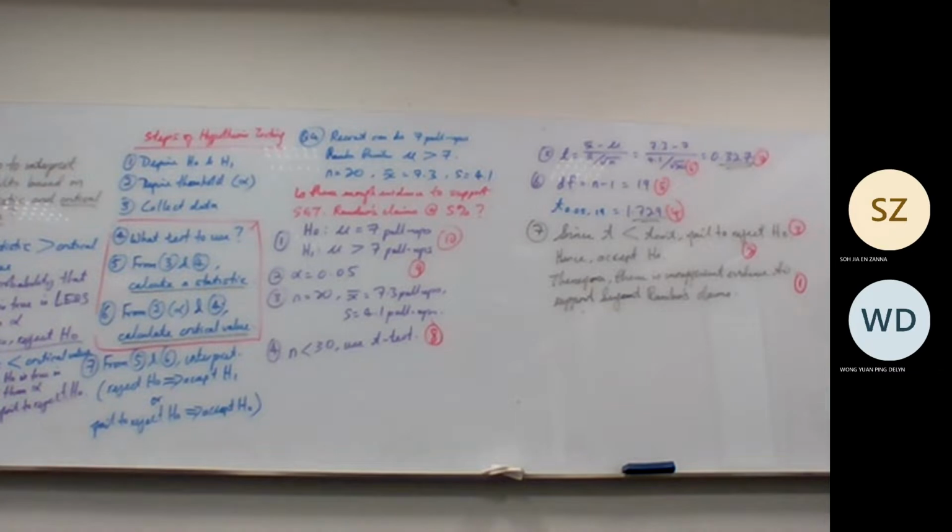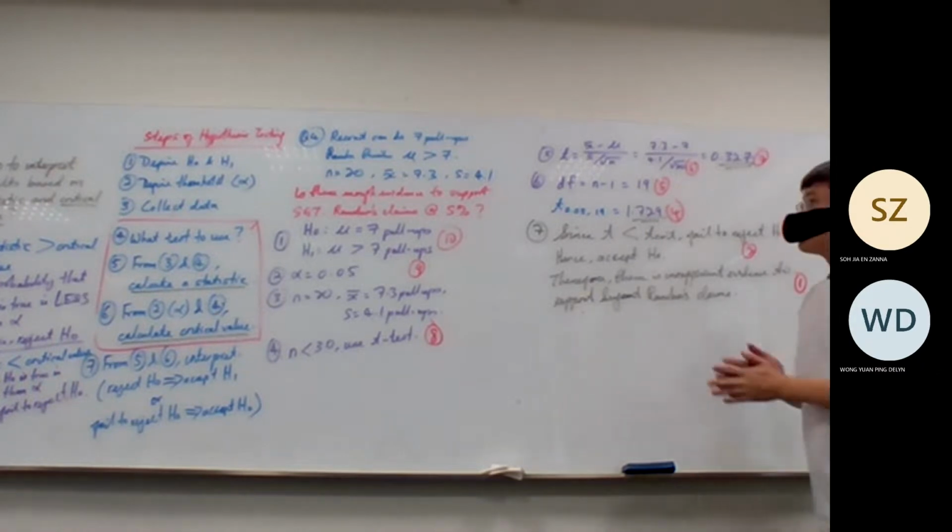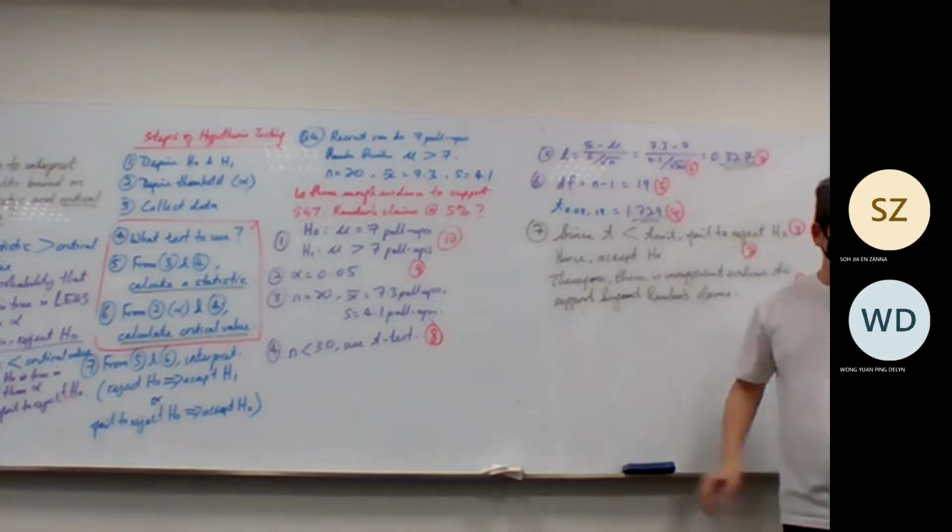Okay. So anyway, the bad thing is you will probably be the last batch that learns how to do the calculation by hand. Next year, they're not going to teach the calculation by hand anymore. Just going to use a computer to do it, and then interpret the results. Okay. So this is question 4.